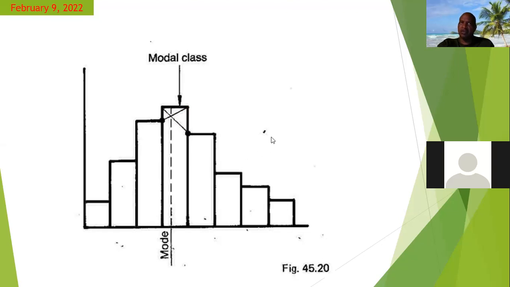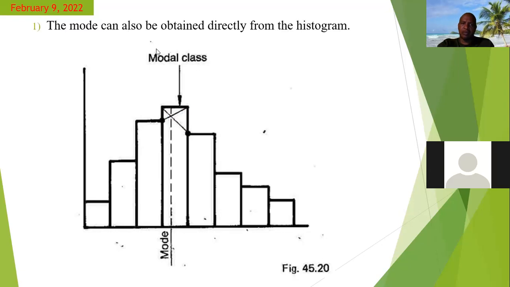Even if you're going to use the frequency curve or the frequency polygon, you have to construct the histogram in order to construct those. So you could just use the histogram directly by using the method that I just explained to you. All right, guys. So that's how we work with the mode of a frequency distribution.